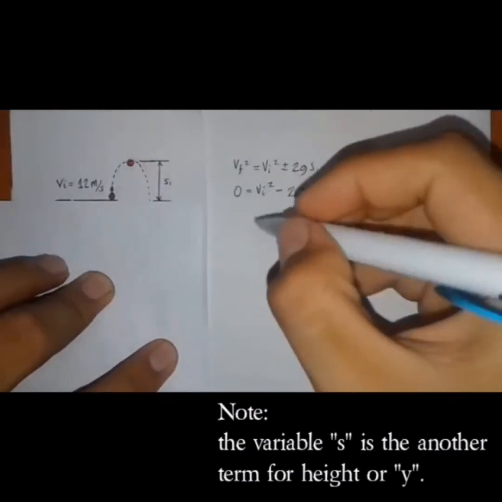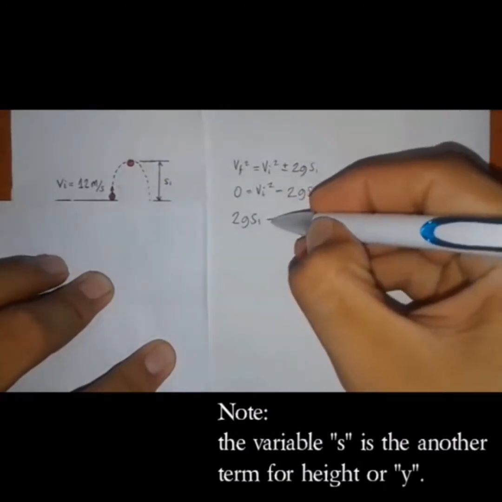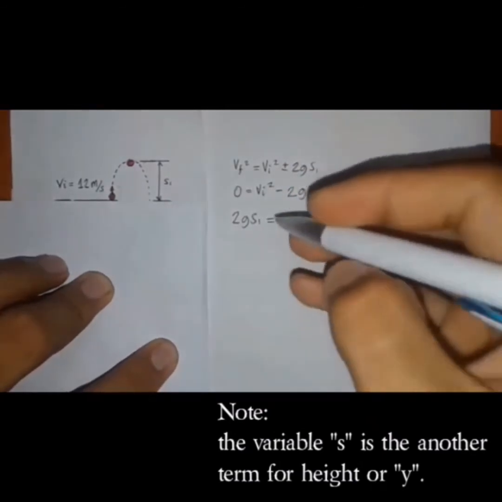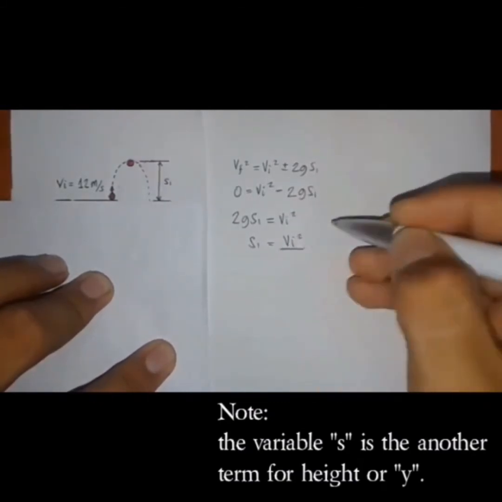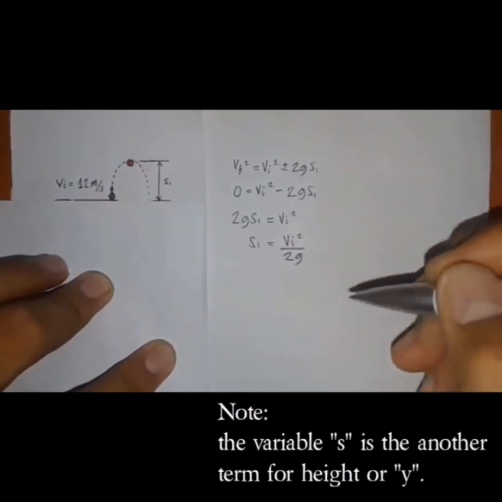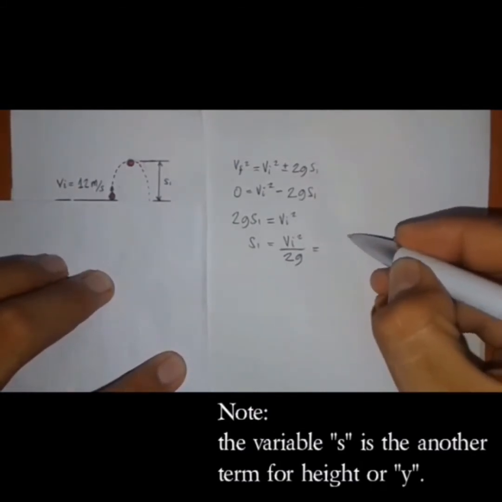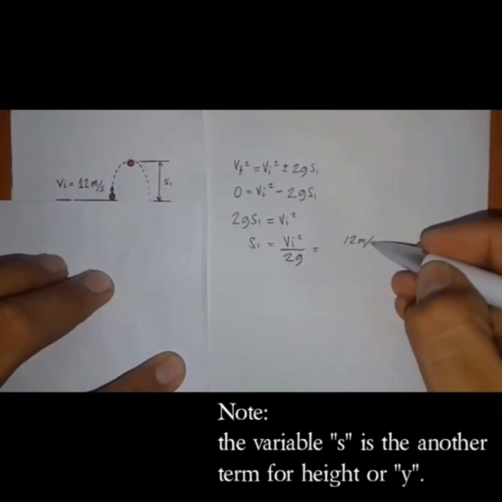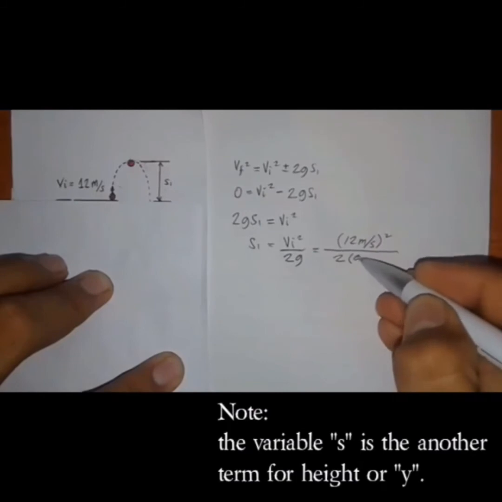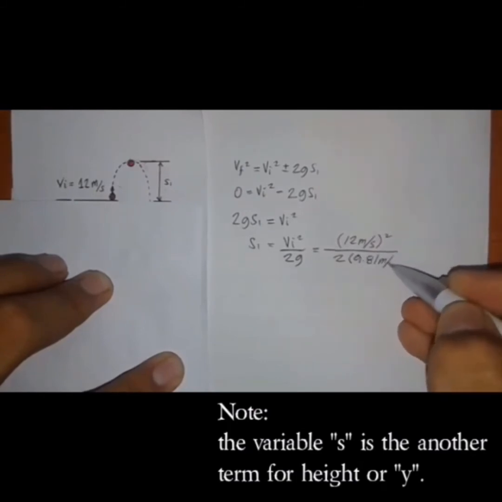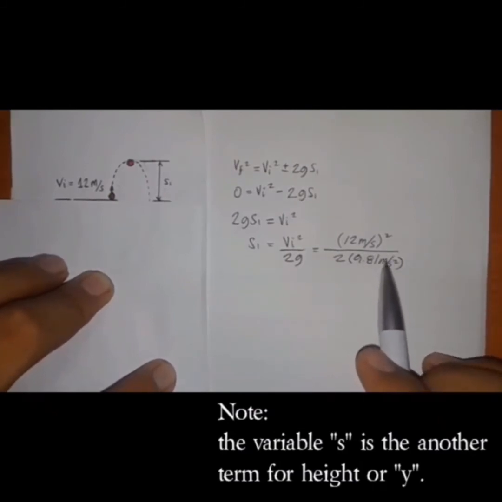Lipat natin sa kabila. Divide natin. Itong 9.81 meters per second squared na ito, ito yung acceleration due to gravity.